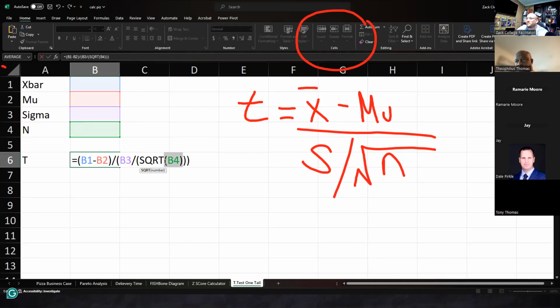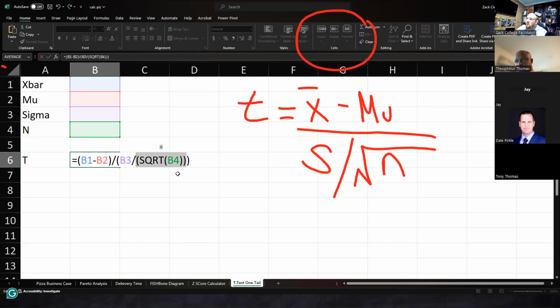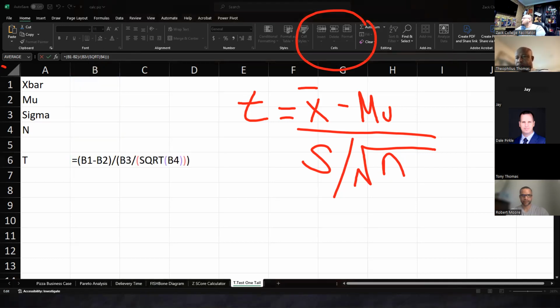Because I want to close out the parentheses around the square root, so you guys have that right. I build it.